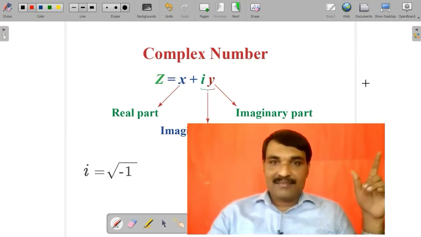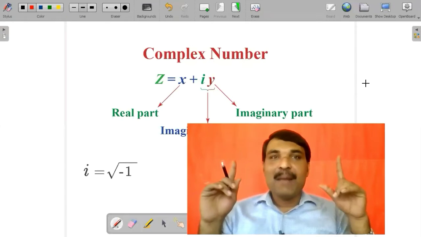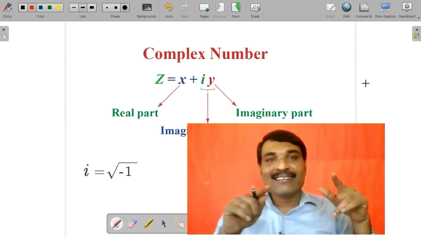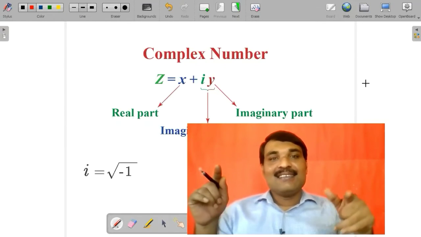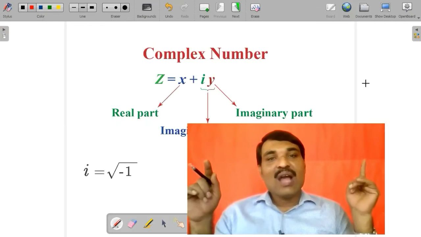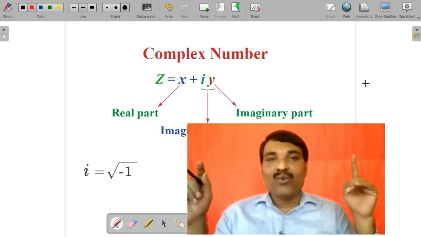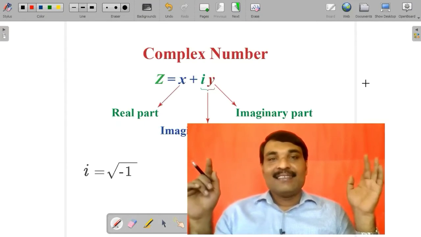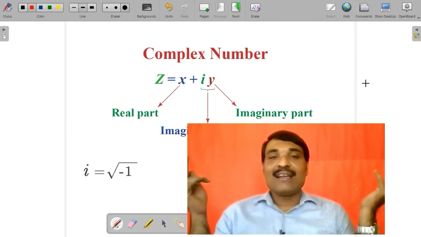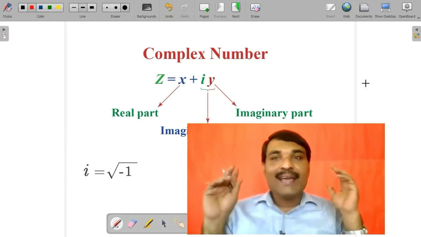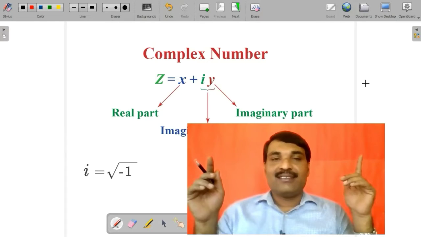Okay, we are representing complex number by using the letter Z. നിങ്ങൾക്ക് പൊതുവെ കാണാം Z is equal to X plus iota Y, right? Then what is X and what is Y? X and Y are real numbers, right?